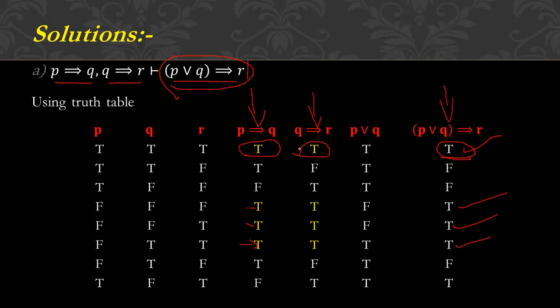As we observe from this table, the conclusion P or Q implies R is true whenever all the premises are true at the same time, so this is a valid argument. It is valid because there is no case where the conclusion is false while the premises are true at the same time.